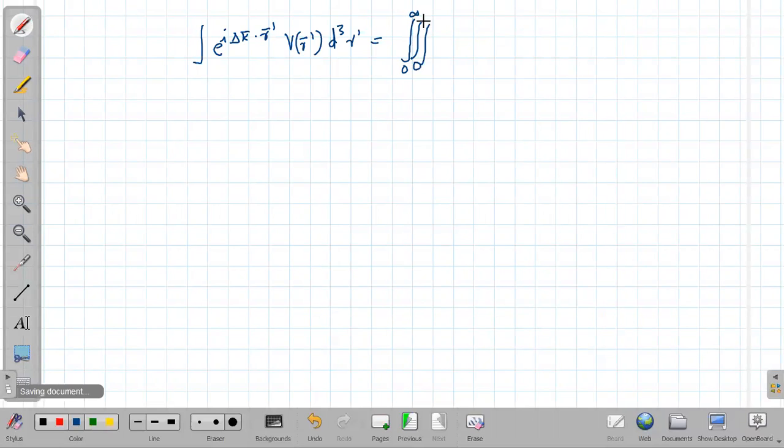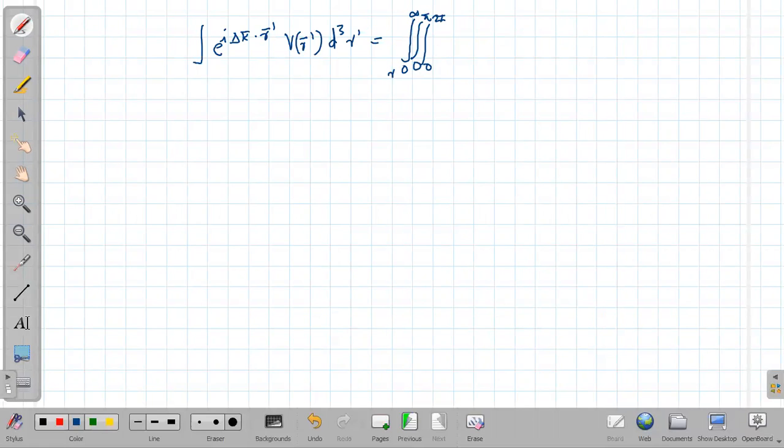So our integral is integral e raised to i delta k dot r prime v of r prime d cube r prime. This can be written as an integral where there will be three integrations: one is integration over r from 0 to infinity, integration over theta from 0 to pi, and integration over phi from 0 to 2 pi.